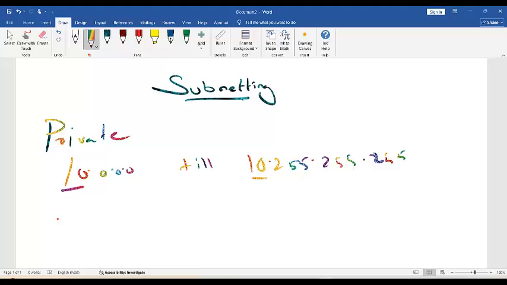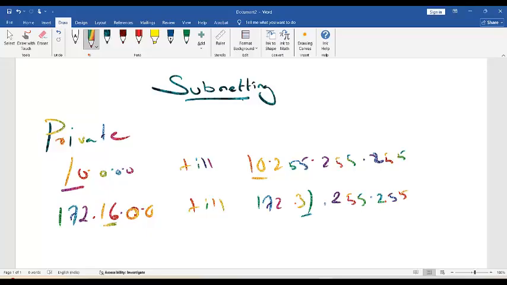In class B, you have 172.16.0.0 till 172.31. You see, here it is 16, here it is 31.